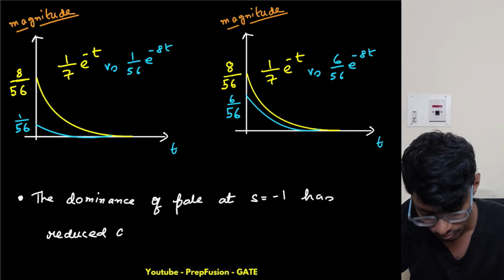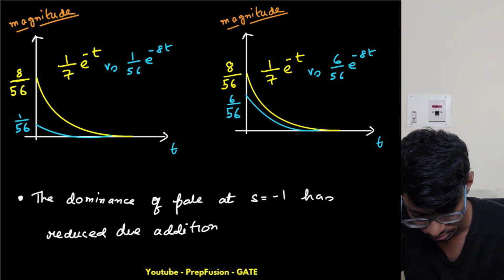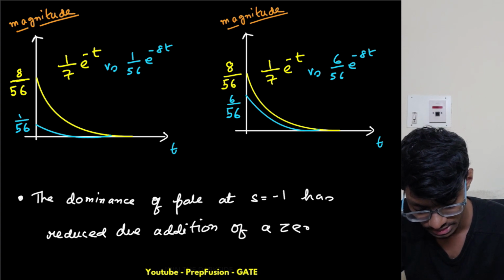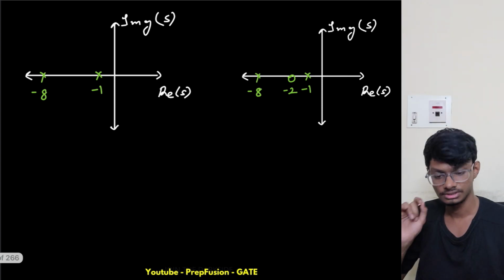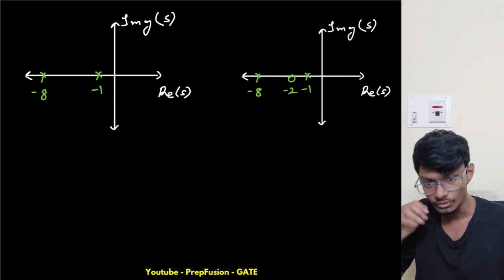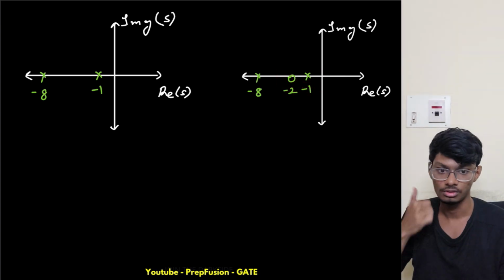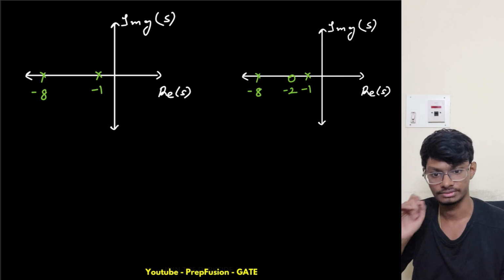Due to what? Due to addition of a 0. So this is basically the effect of a 0. What it does is, if we introduce a 0, the dominance of this -1 pole is getting reduced. Okay, so due to introduction of the 0, the dominance has been reduced.